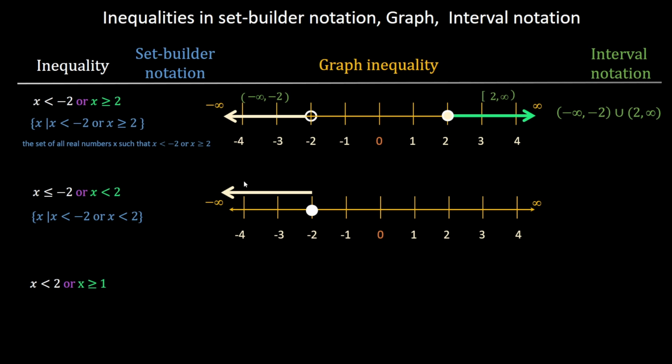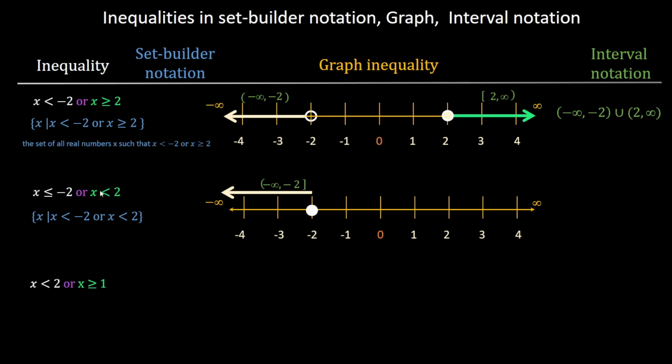Now let's write the solution in interval notation. For that we write both the endpoints, minus infinity and minus 2, and use a parenthesis around minus infinity and a square bracket around minus 2 to indicate that minus 2 is included in the solution.